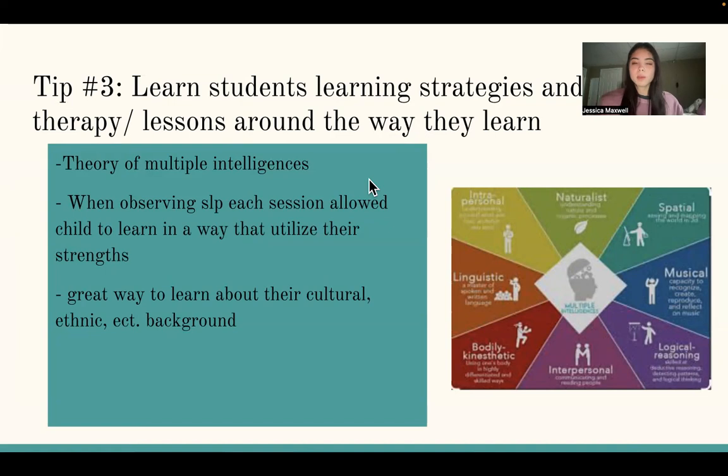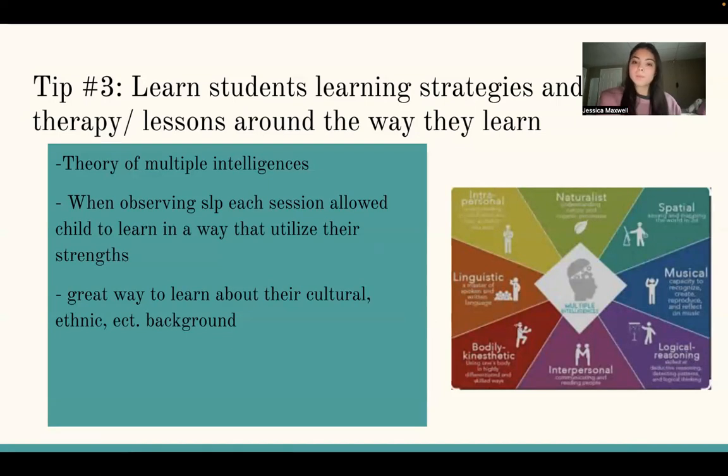In one of my field experiences, when I was observing an SLP, I just got to see this firsthand, that some students learned better with this activity and this theory of teaching versus others who did it in a completely different way.